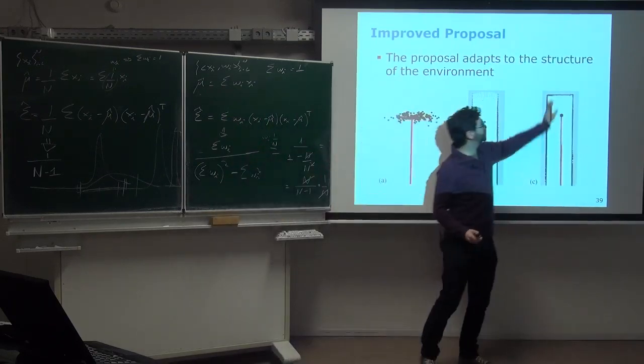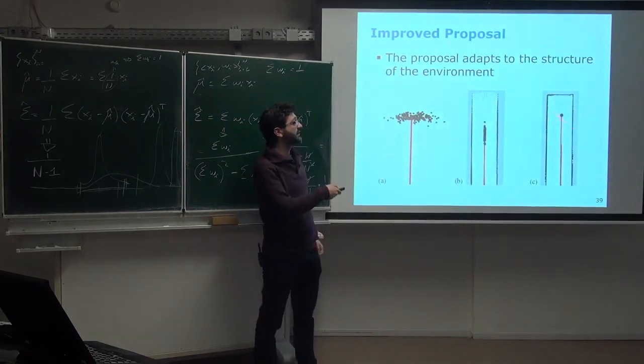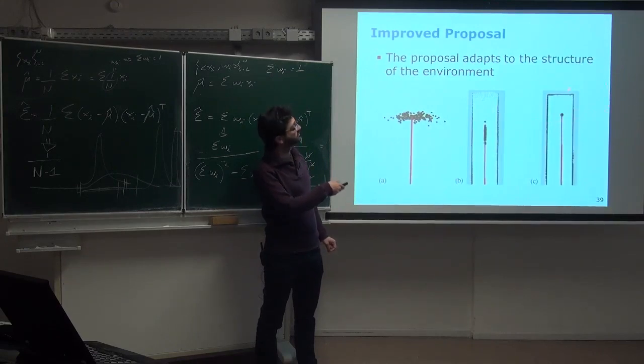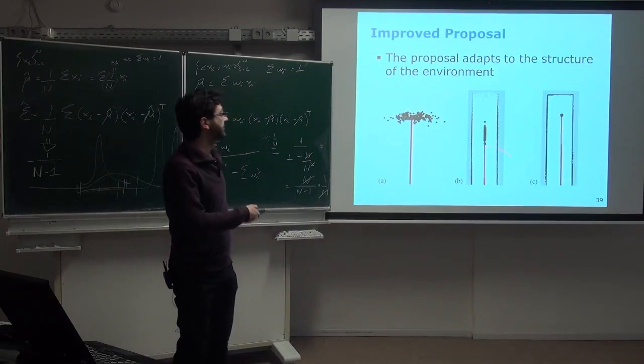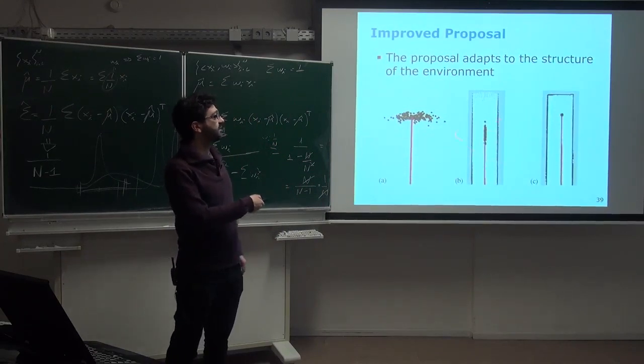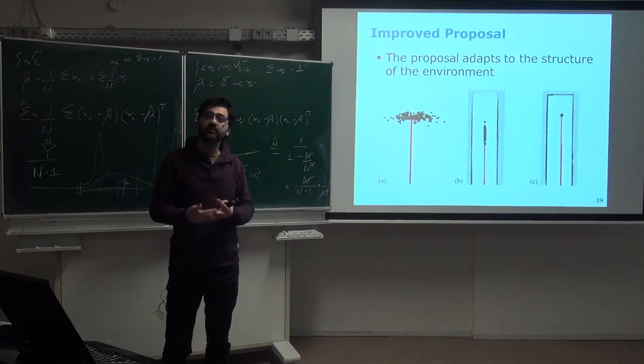If we have a constraint in all these three directions, then we will have a very tight proposal that is constrained left and right by these two walls, but also on the top by this other wall. So basically here the idea is that we exploit the structure around the robot to have an improvement on where to put the samples correctly.